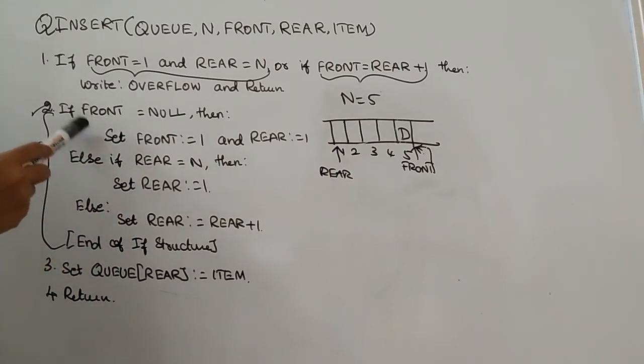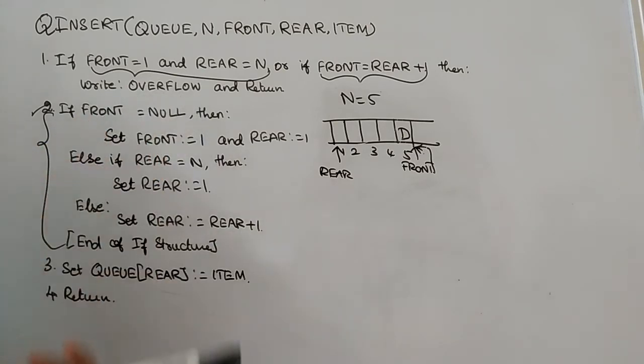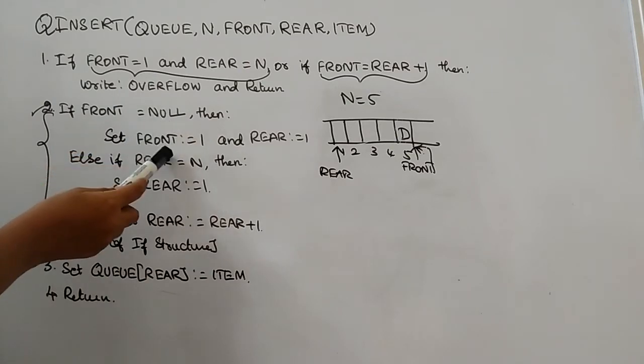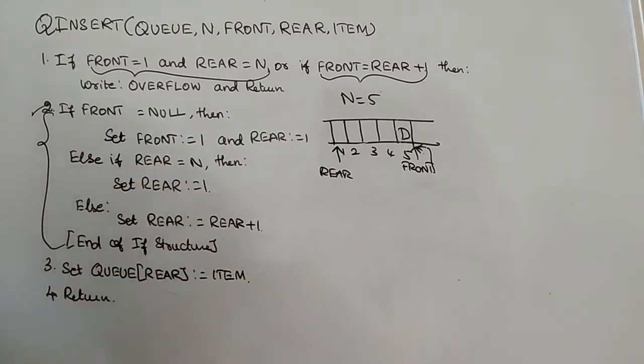In the first condition, we are checking whether the value of front is equal to null. If it is equal to null, we set front equal to 1 and rear equal to 1.